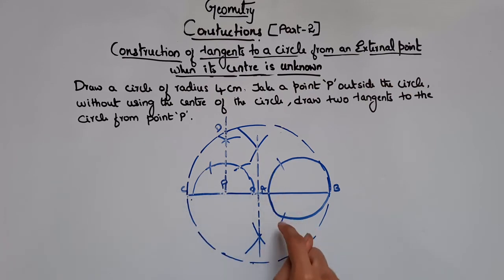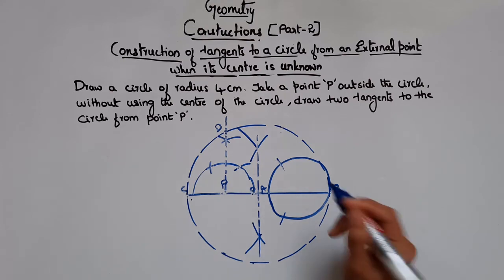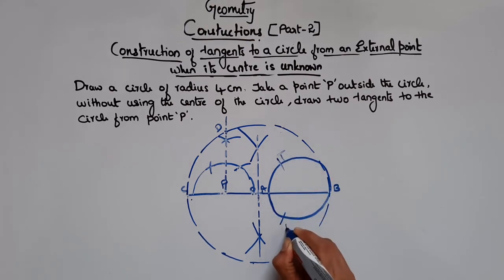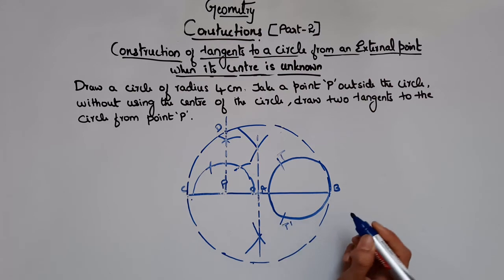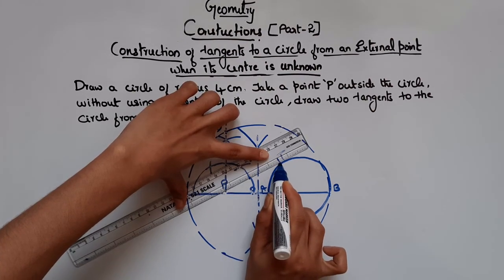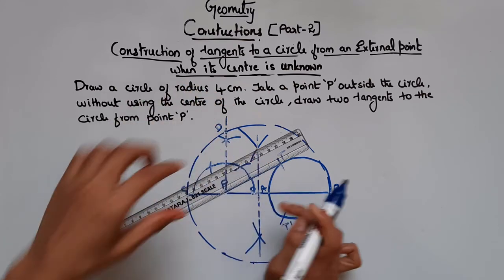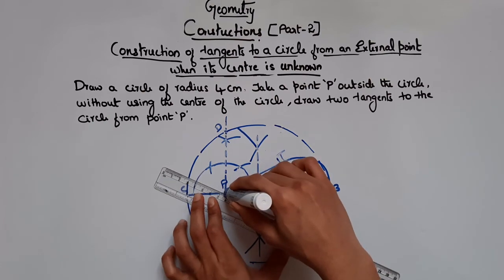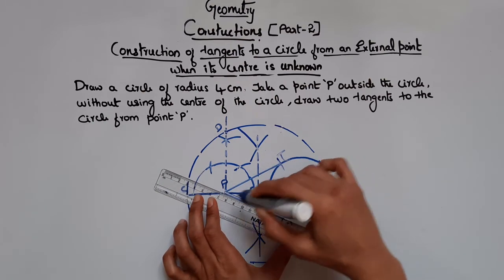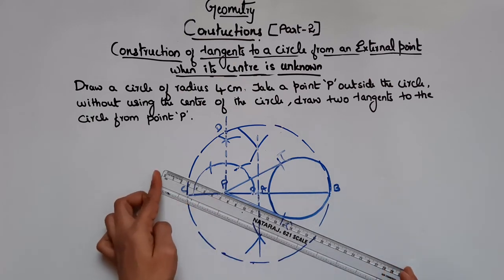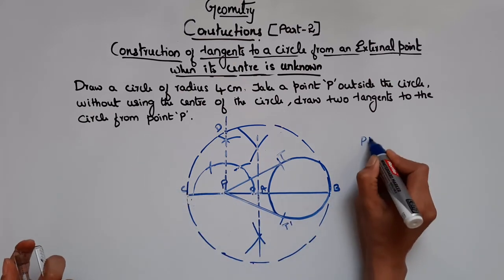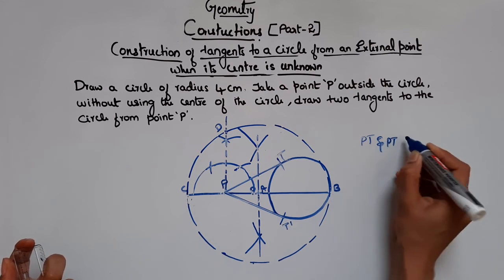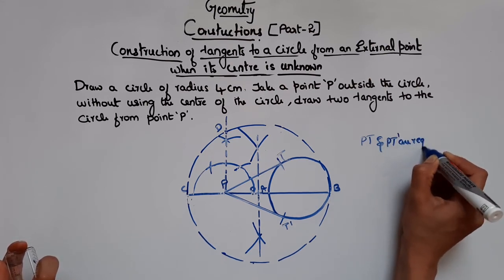So now you got 2 points here on the circle, right? You will take those 2 points as T and T dash. Now join PT and PT dash. So PT and PT dash are the required tangents.